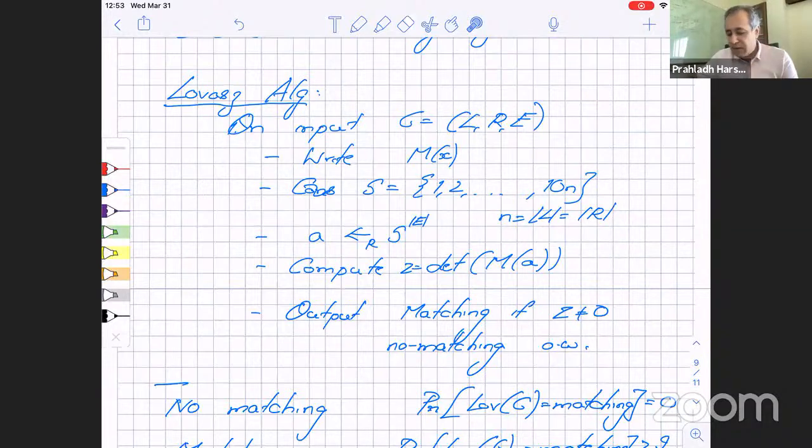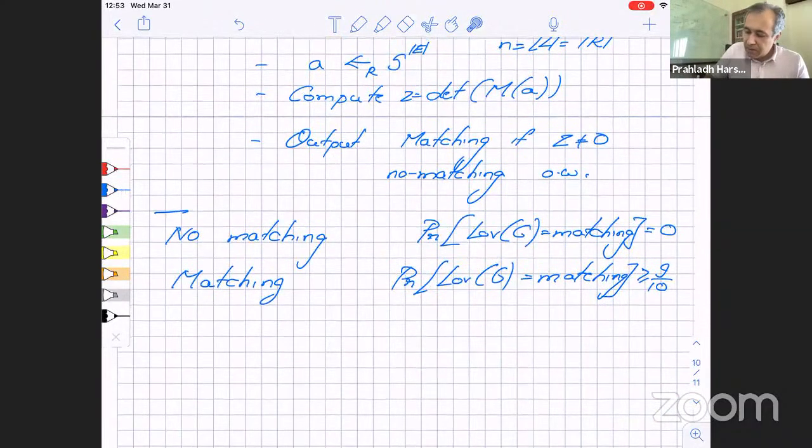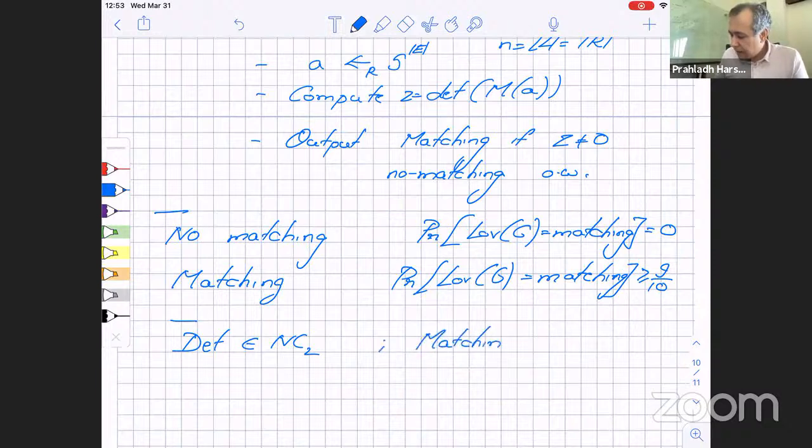This requires a little bit of work, but you can show that the determinant is in NC2. There is a very shallow algorithm that computes the determinant. Therefore, matching, I haven't defined these classes, is in randomized NC2, in randomized NC. Bipartite matching is in randomized NC.